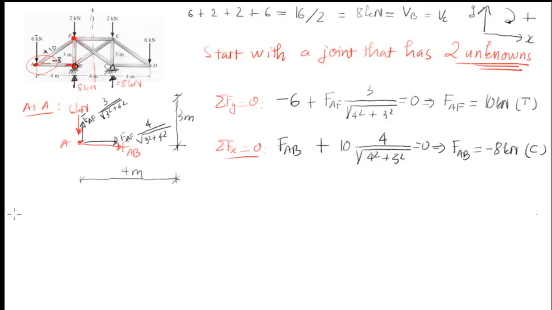So take joint B. Similarly, what you do is just draw it again. You got that, and it's a roller, and you got that.